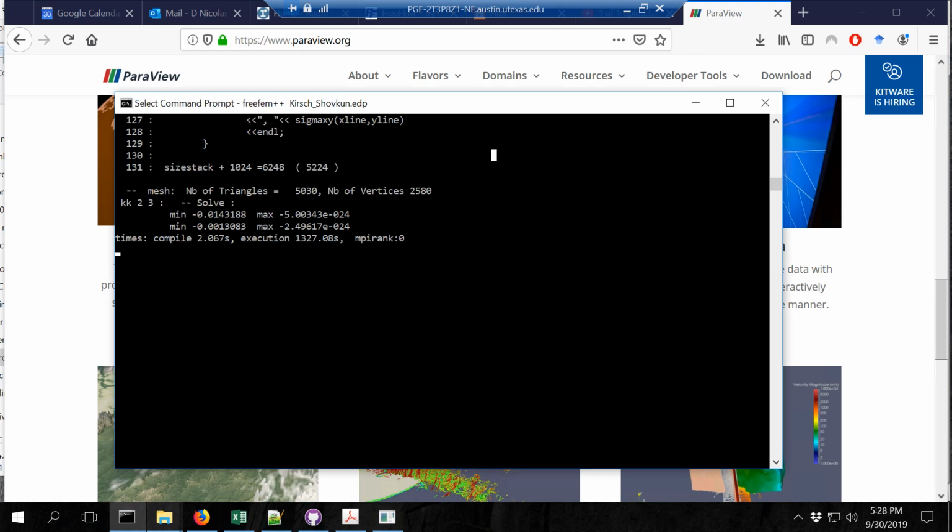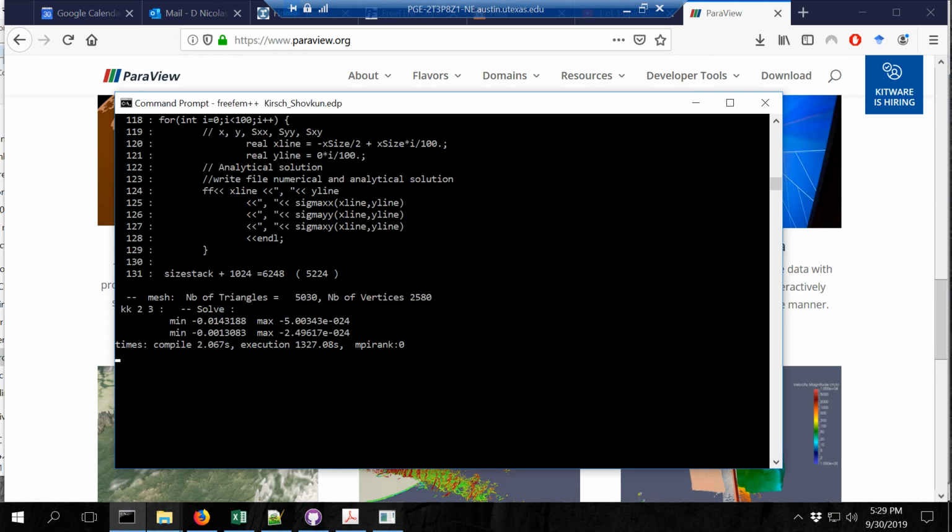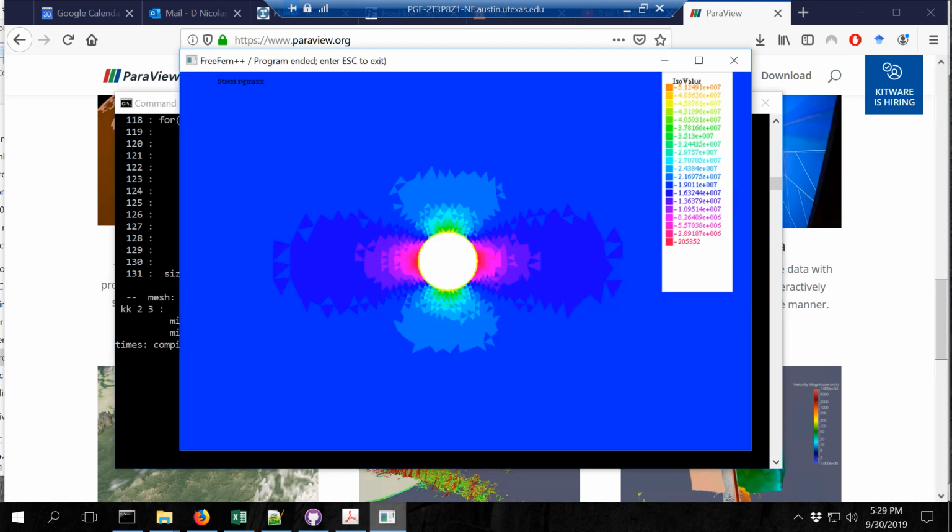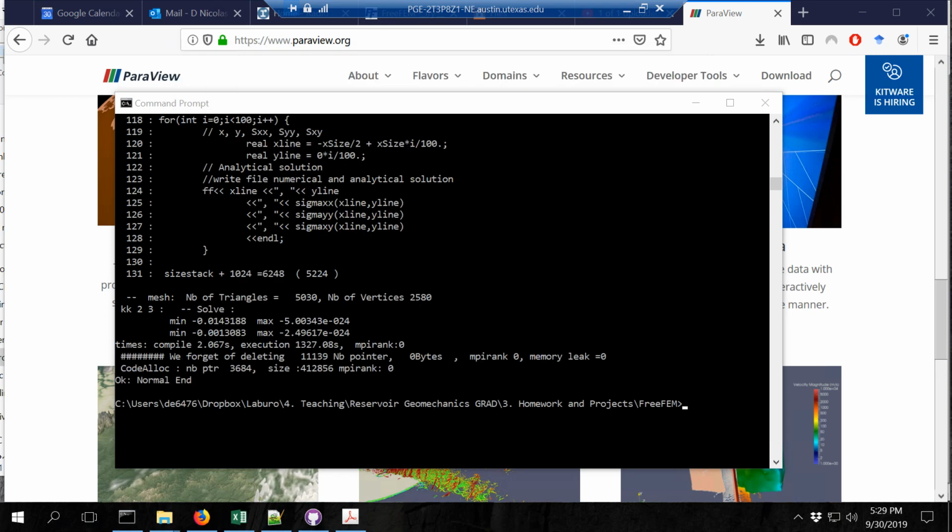Okay, so this is the problem of the wellbore, and let me see what was the name. The guys using Mac may try also running this way from the command line, but I'm not sure that's going to solve the problem.